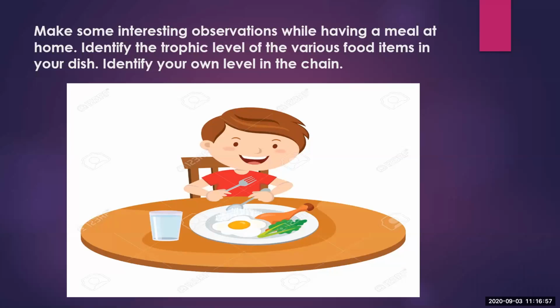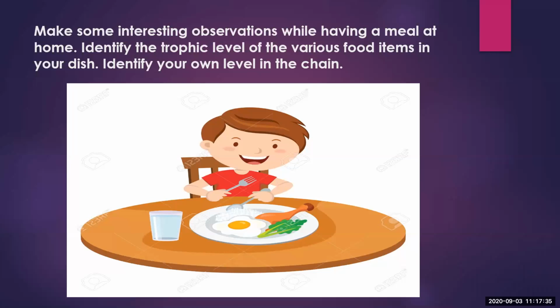If the boy is eating only rice and salad, where do the rice and salad come from? The rice and salad come from plants. So they constitute the first level, that is producer. If he is eating the producer, he will be at the second trophic level, he is a herbivore.